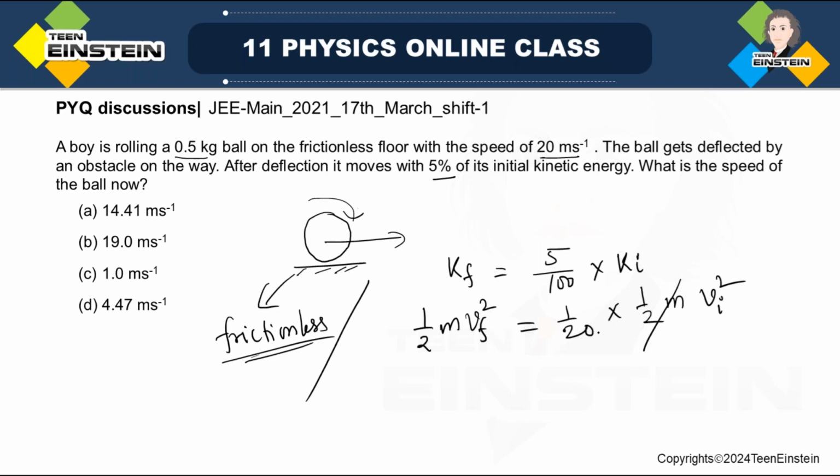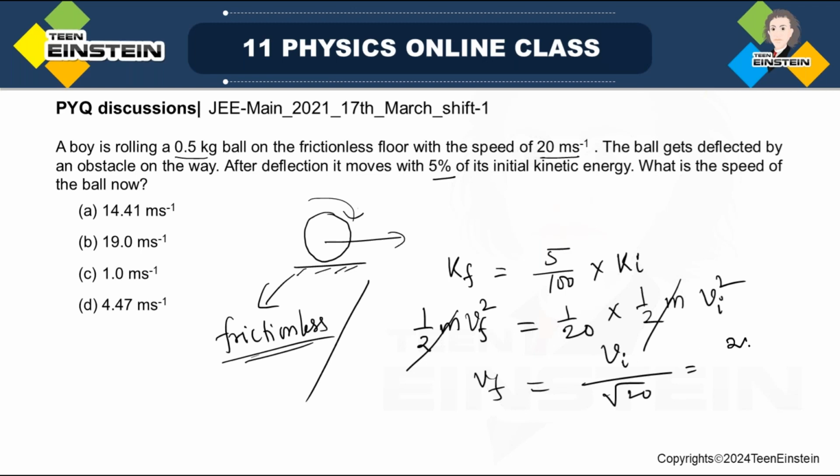Okay, then things are easy. Half m can cancel from both sides. So Vf will be Vi by root 20. Now what is Vi? Vi is given already, right?